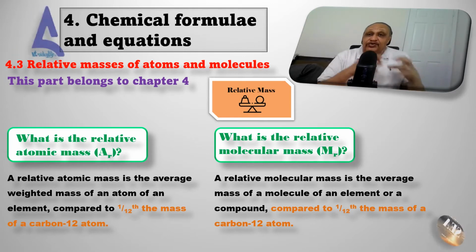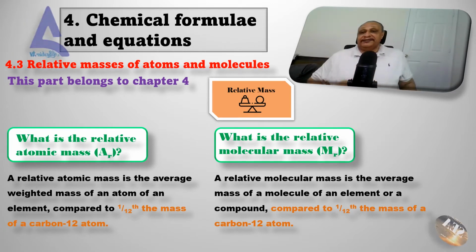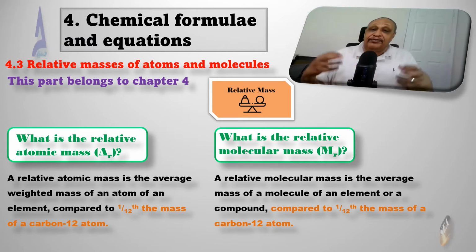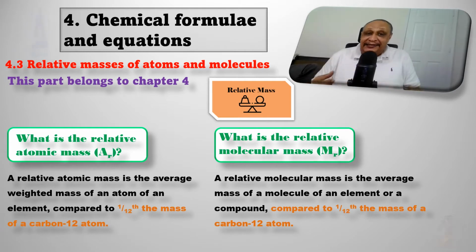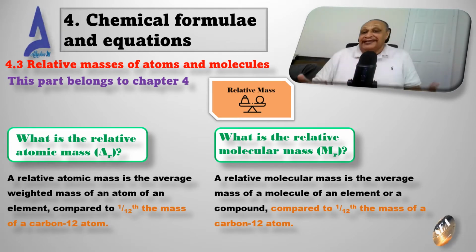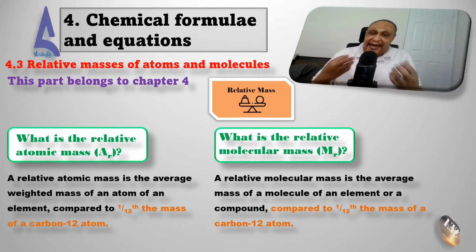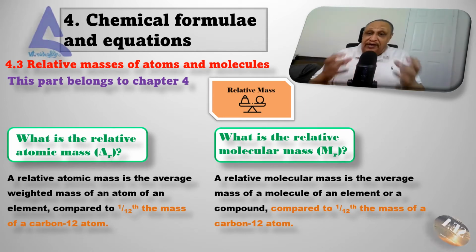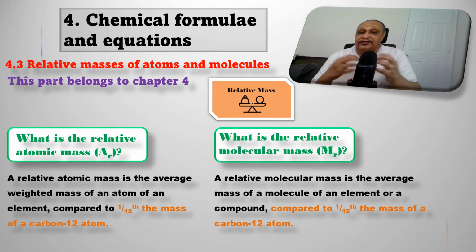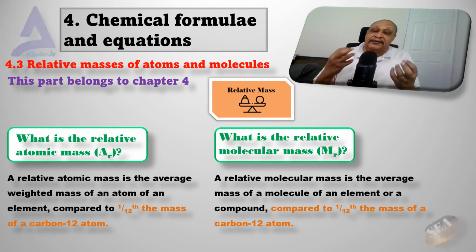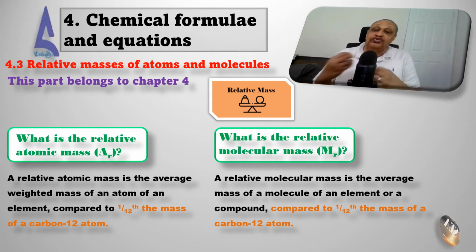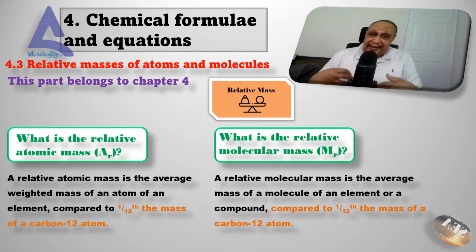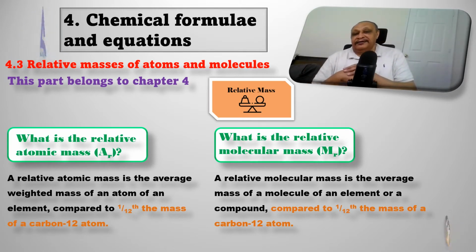So 1/12 of the mass of carbon 12 is the unit of the relative mass. Here we are talking about the unit that makes you able to weigh other atoms.